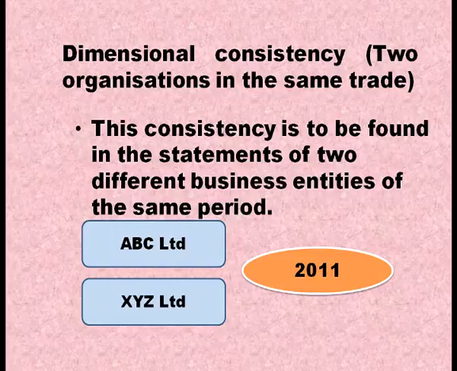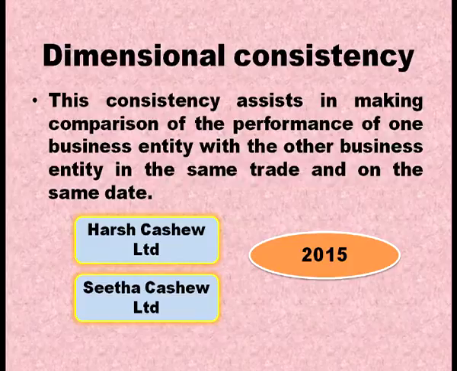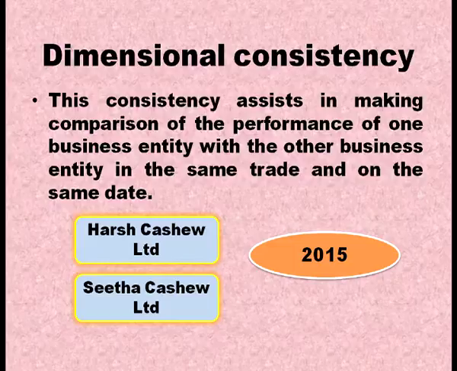These two business enterprises are compared, or same methods are used, and that helps in the comparison of these two units in one particular year, that is 2011. Dimensional consistency assists in making comparison of the performance of one business entity with the other business entity in the same trade and on the same date.